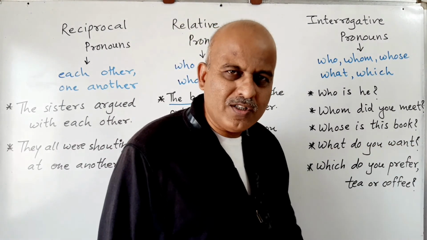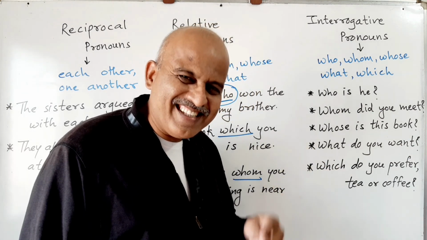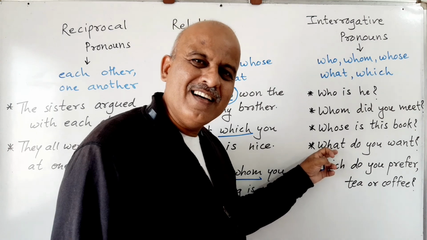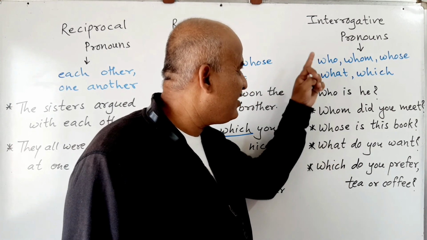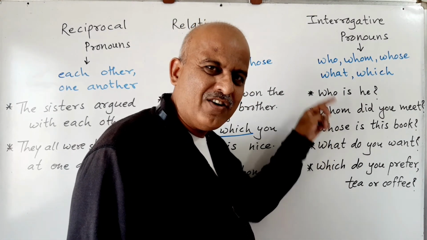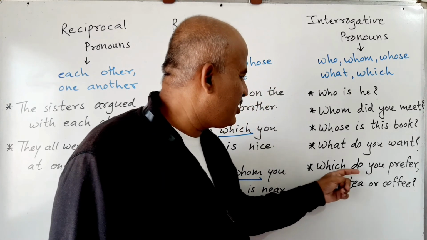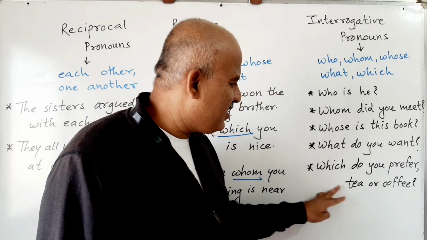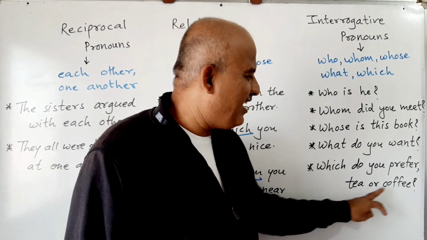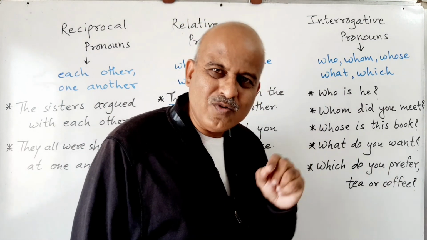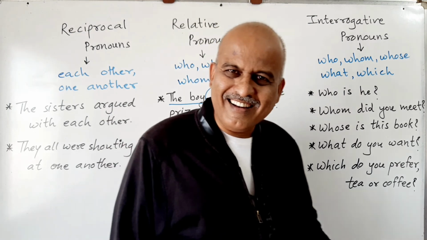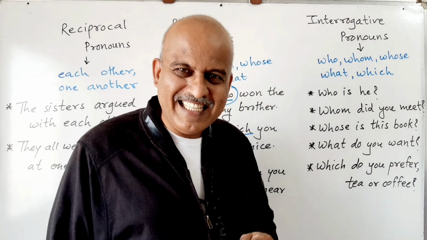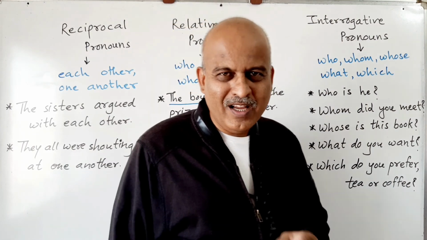What do you want? You will say ice cream or chocolate or something like that. So your answer will be the noun. So what is an interrogative pronoun. Which do you prefer, tea or coffee? Your answer will be one of these. Tea and coffee are nouns. So which is an interrogative pronoun.